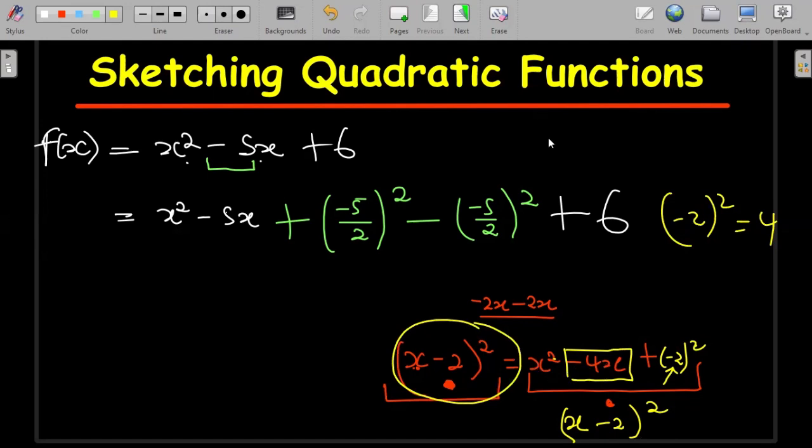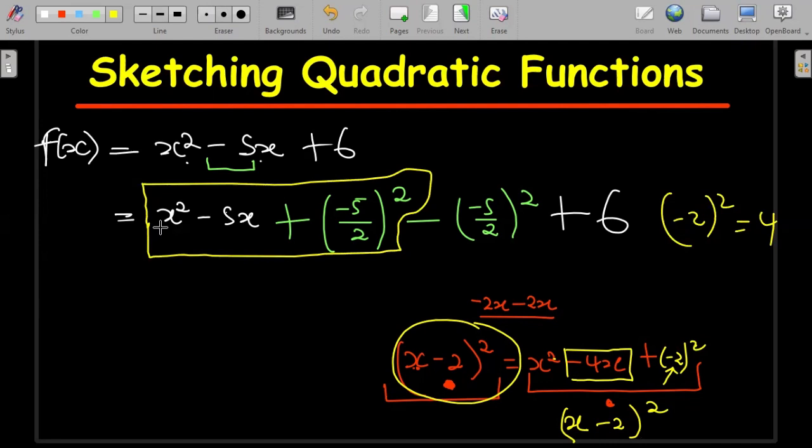So that's the same thing that we are going to do here. We notice that these three terms here, boxed in yellow, form what we call a perfect square. Just like here, I'm going to ignore the minus 5x part. So this will collapse to x, and then I get whatever is inside the brackets there, which becomes minus 5 over 2.